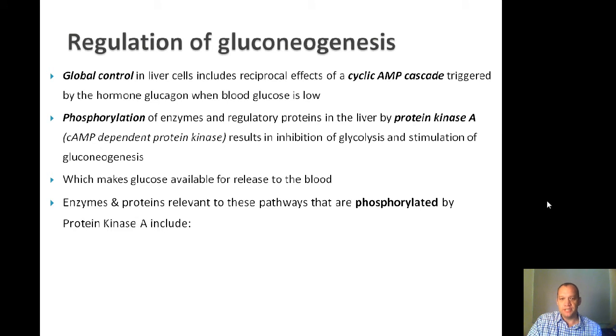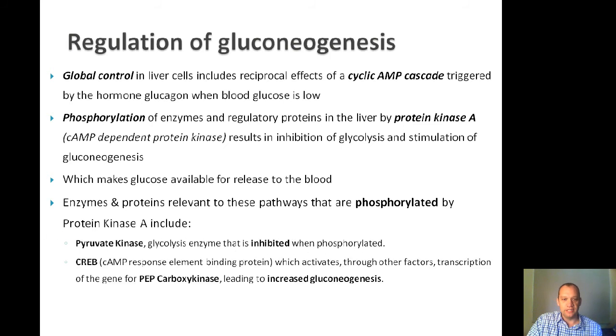The enzymes and proteins relevant to these pathways that are phosphorylated by this protein kinase A, which was switched on by glucagon, include the pyruvate kinase, of course the last reaction of glycolysis. This gets phosphorylated and it is inhibited when it is phosphorylated, so that helps to stop glycolysis.